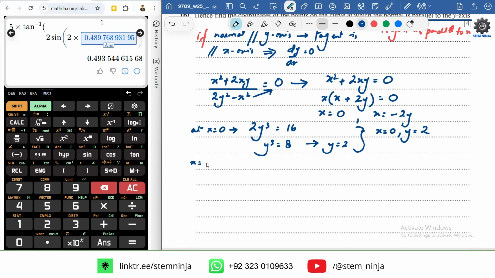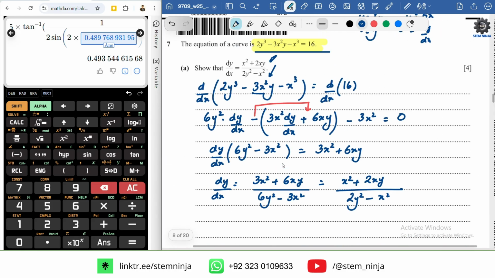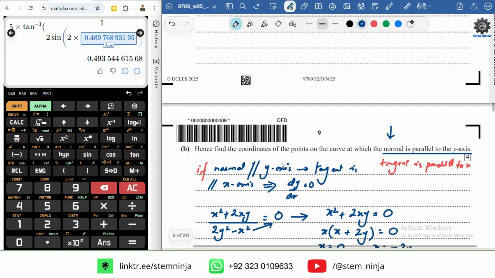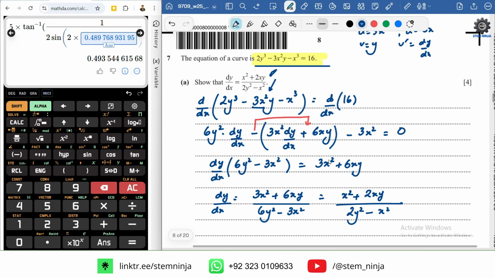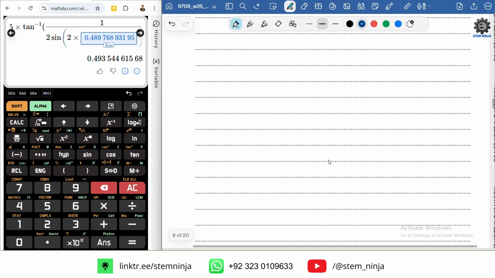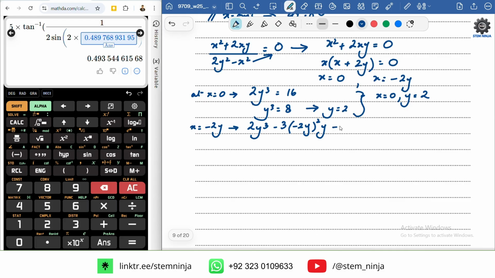Now when x is minus 2y, we have to plug that in. So 2y cubed minus 3x squared y, then we have minus x cubed equal to 16. Minus x cubed, so minus (minus 2y) cubed equals 16.